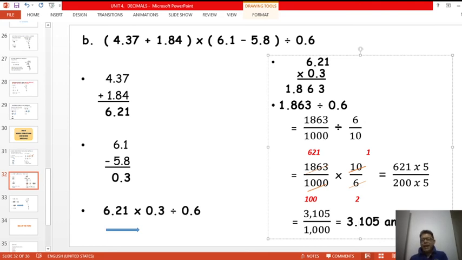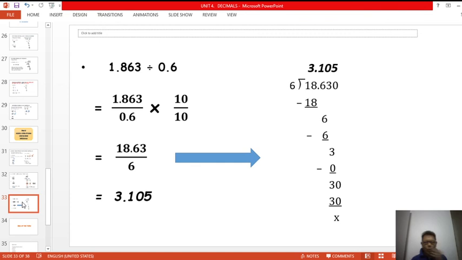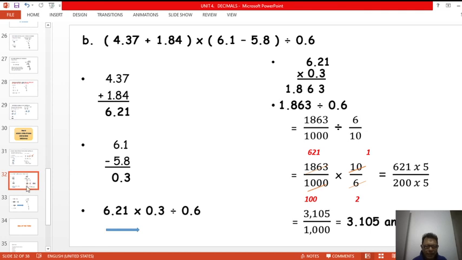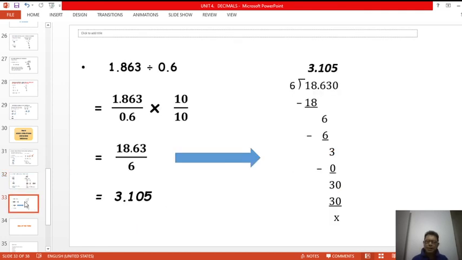Okay, and aside from this working or solution, you can also use a different method, not only using the equivalent fraction. Here I have another solution for this part. 1.863 divided by 0.6. Okay, get that? So what I'm going to do, again, use the relationship to make this into a whole number.